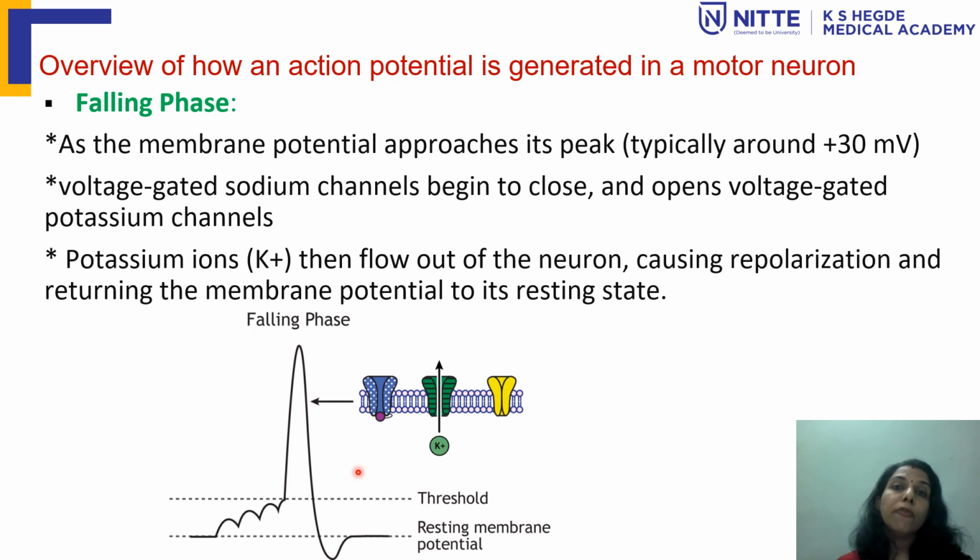Potassium ions then flow out of the neuron, causing repolarization and returning the membrane potential to the resting state. Okay, so this is the falling phase. There will be closure of the sodium channels and opening of the potassium channels, and there will be flow of the potassium ions. So this is the repolarization phase.